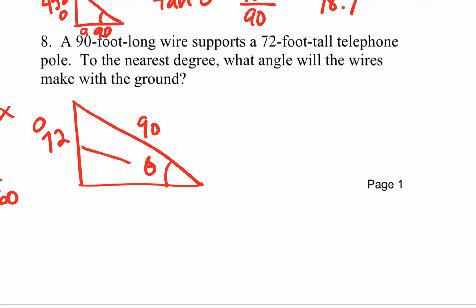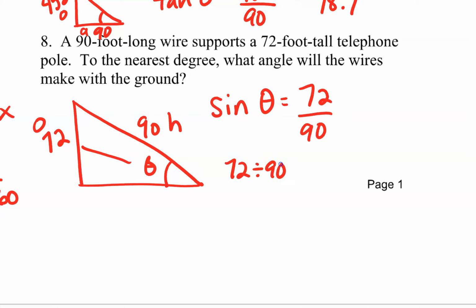Opposite, hypotenuse, so that is the sine of theta. The angle is 72 over 90. Okay, put it in your calculator. 72 divided by 90 equals second sine. Those are your key entries. And you would get 53 degrees.